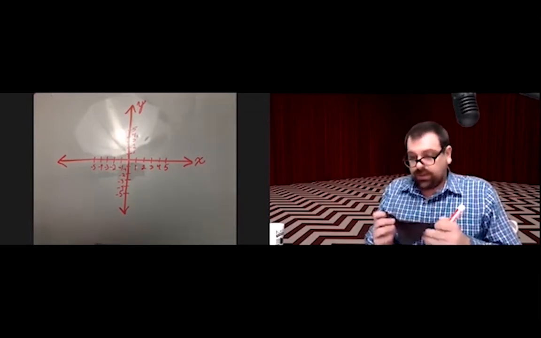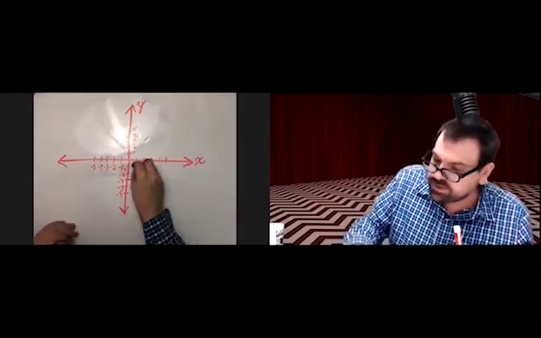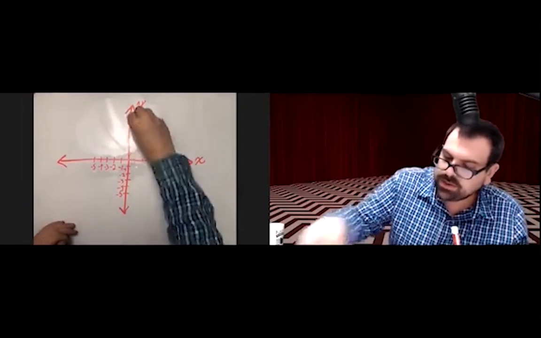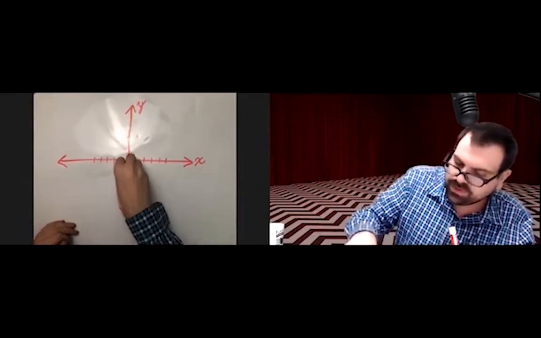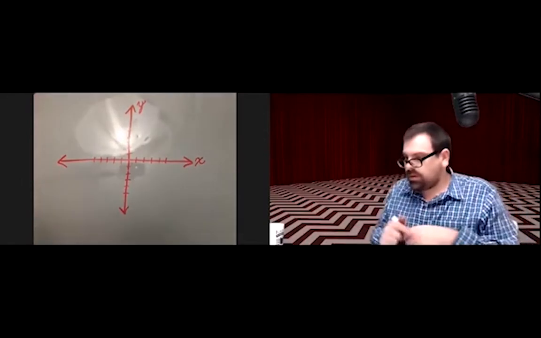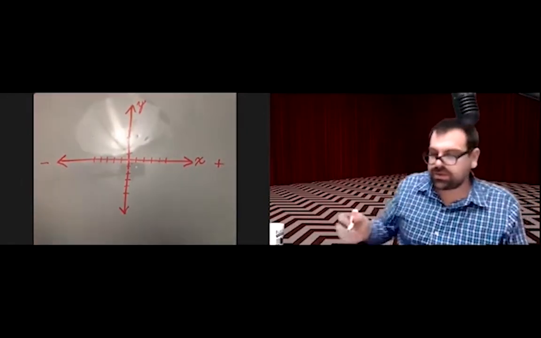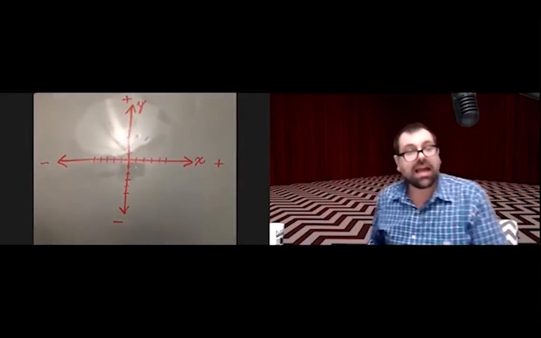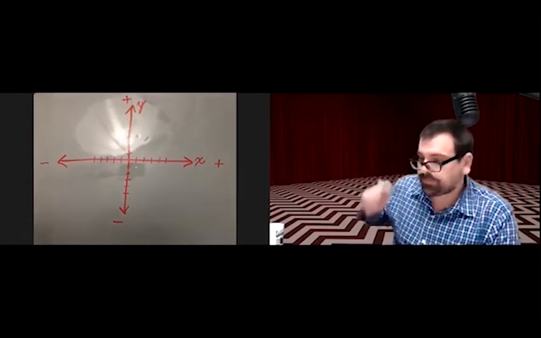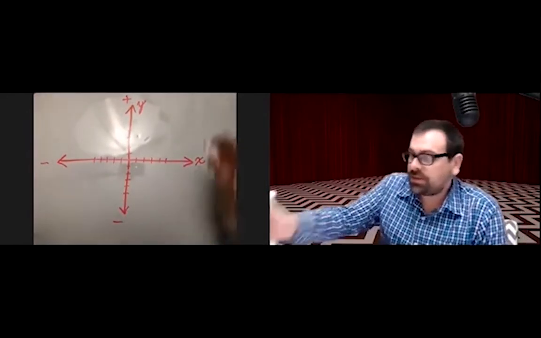I'm going to go ahead and clear these numbers out of here just to declutter a bit. And I'll indicate positive, negative again. So positive numbers to the right, negative numbers to the left, positive numbers up, negative numbers down. This is separated into 4 quadrants.